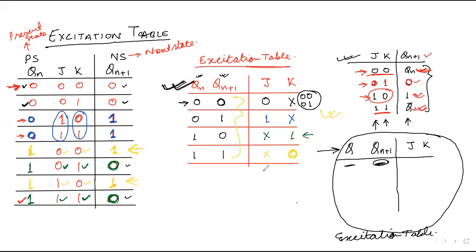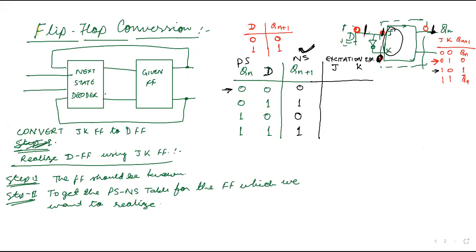Yes, sir. Okay, so now we have this present state. I am encircling this known thing. We have the present state, we have the next state, and now here we want the excitation input for JK. So what should be the combination here? The value of JK.